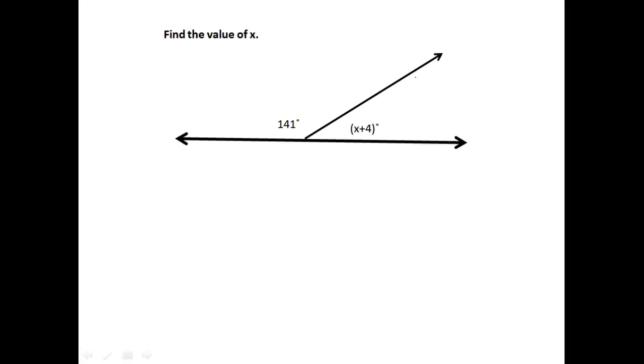All right, let's go into some examples. Here, I want you to find the value of x. What do we know about these two angles? We know that they are on a straight line and that they both add up to equal 180. You have a linear pair here, okay? So they add up to equal 180.